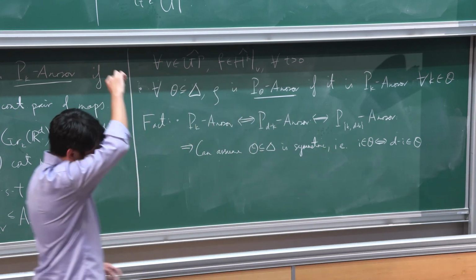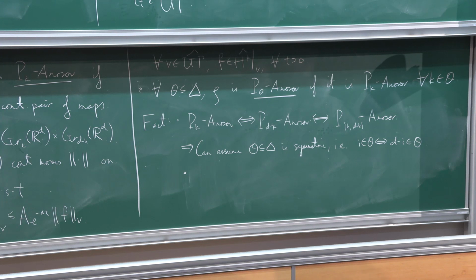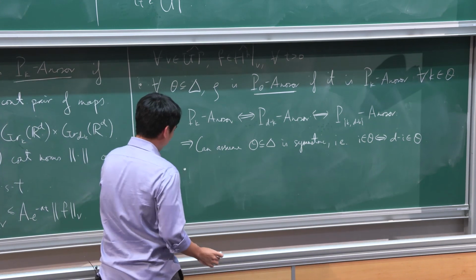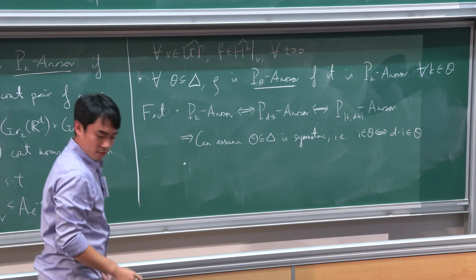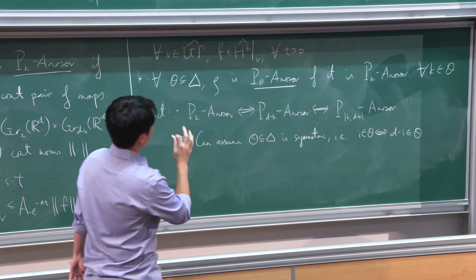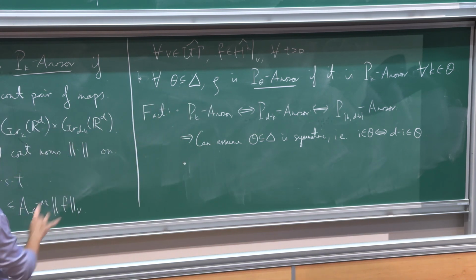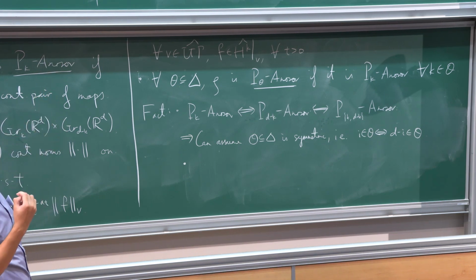Second fact: the maps xi K and xi D minus K are determined by rho.